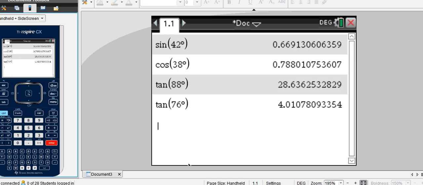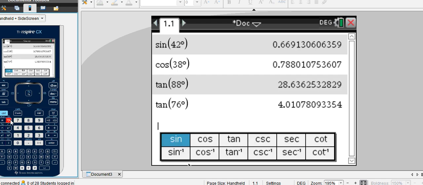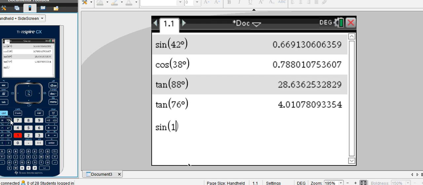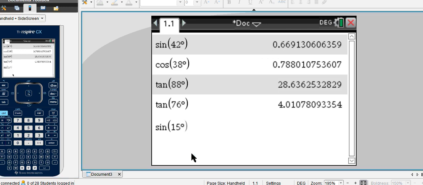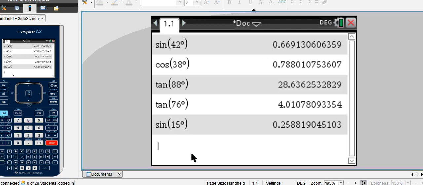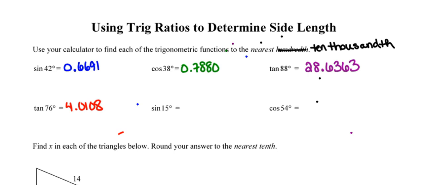Sine of 15 degrees. .2588. And then lastly, the cosine of 54 degrees.